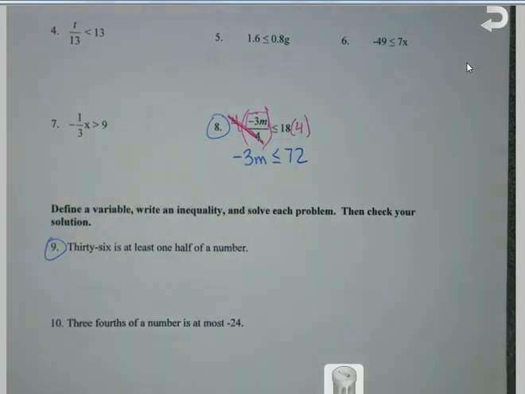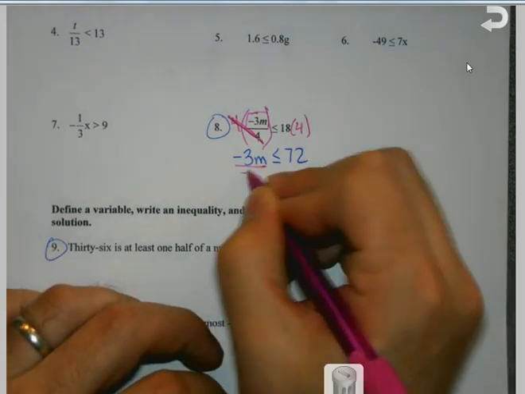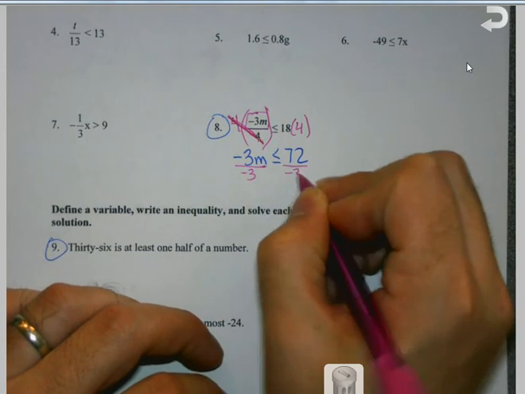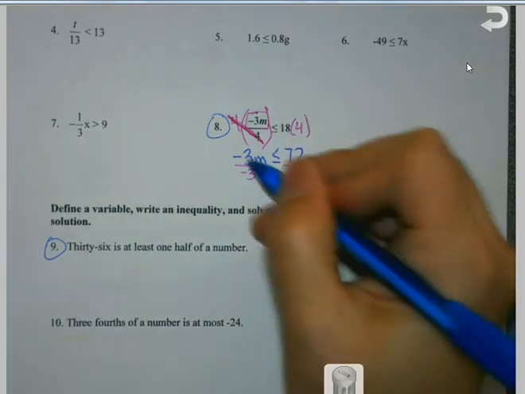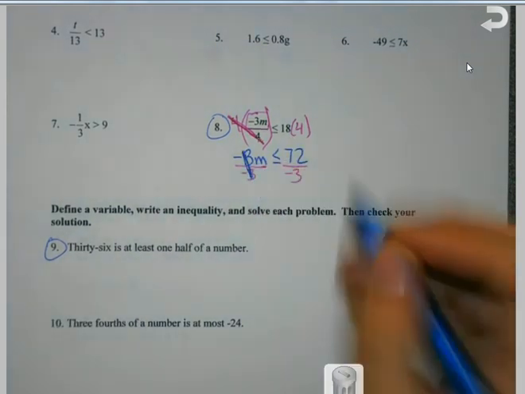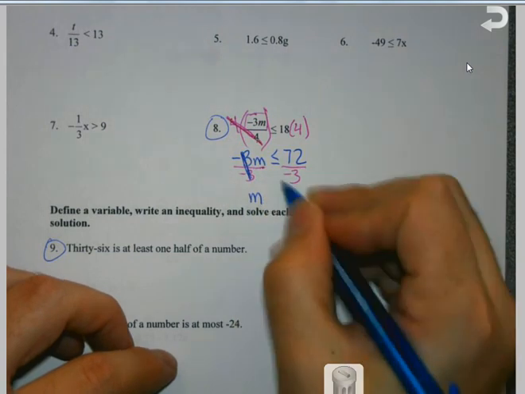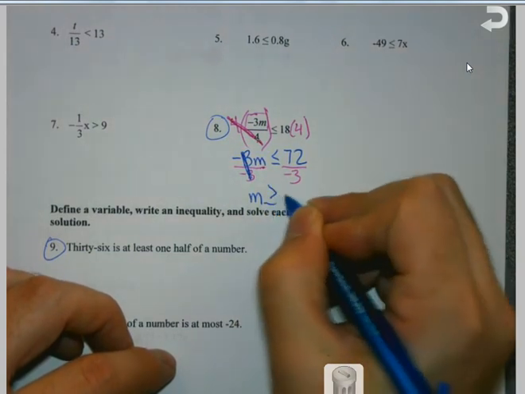So I multiply that by 4. What's my last step going to be on this one to get m alone, since I'm multiplying it by -3? Divide. And here's where I've got to be careful, because I'm dividing by a negative on both sides. And when we divide by a negative, we have to flip the inequality arrow.